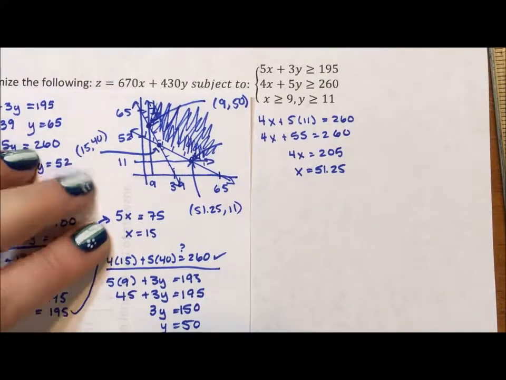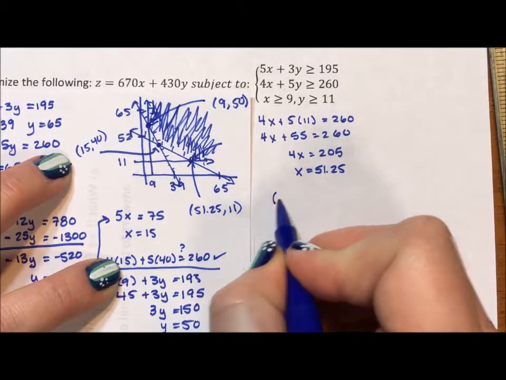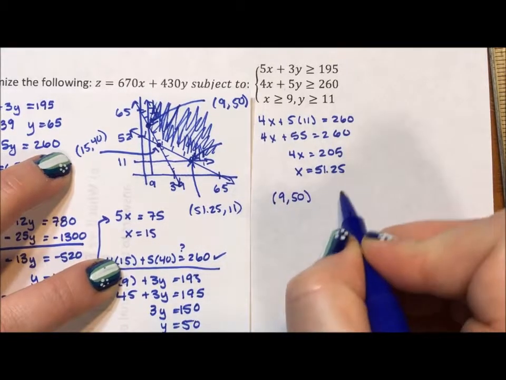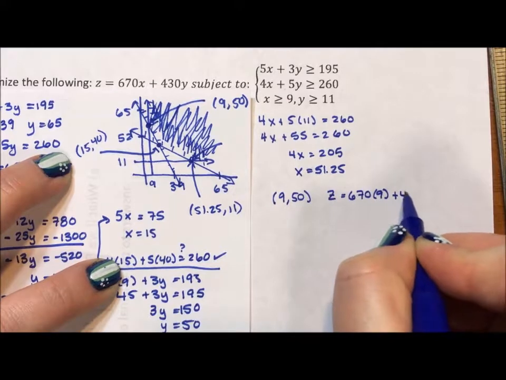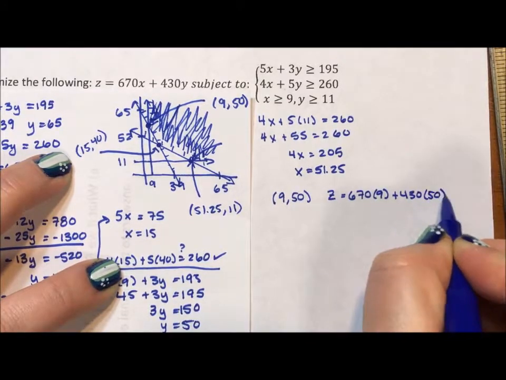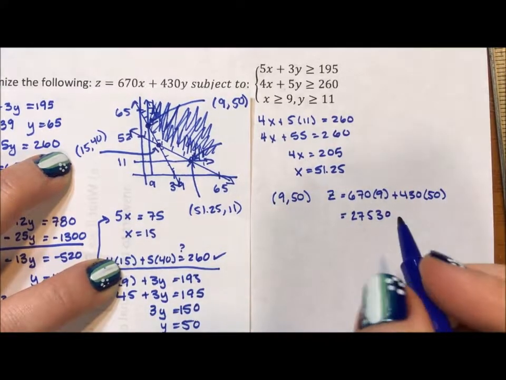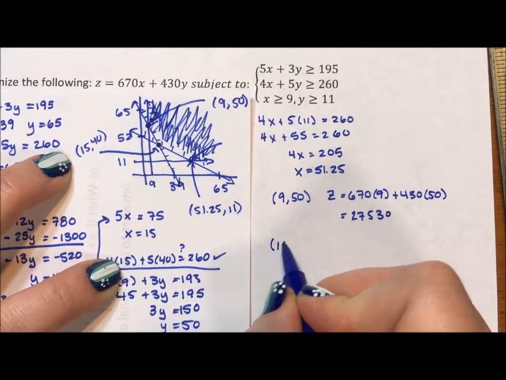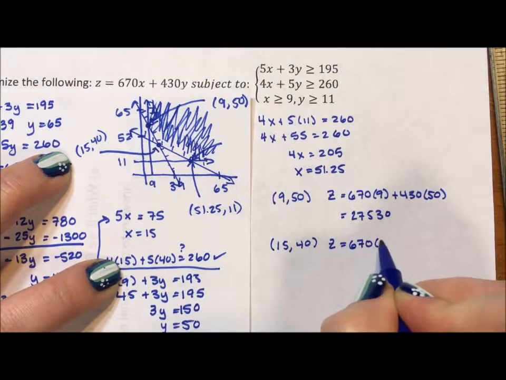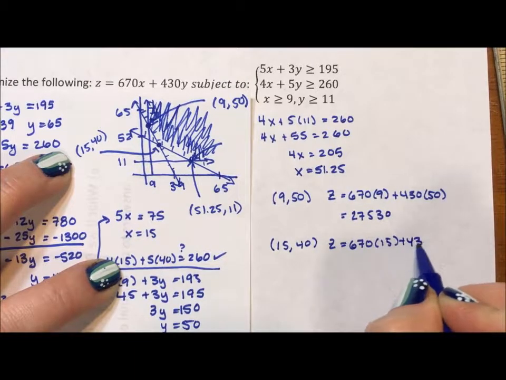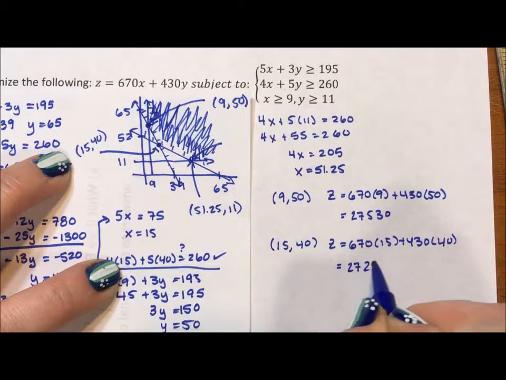So what I'm going to do is take my first point, which is 9, 50, and plug it in. Z equals 670 times 9 plus 430 times 50, and I get that this is equal to 27,530. Then I'm going to take my second point, 15, 40, and I'm going to say Z is equal to 670 times 15 plus 430 times 40, which means this is equal to 27,250.